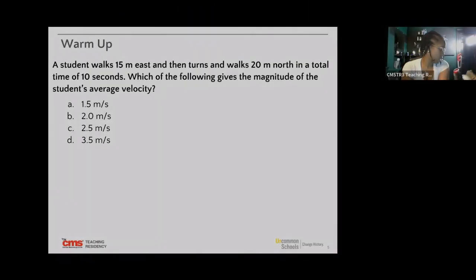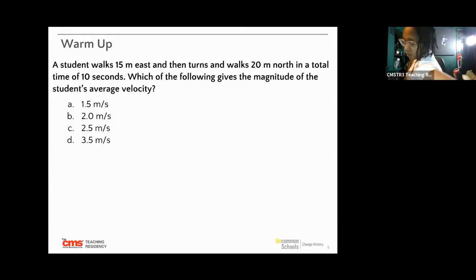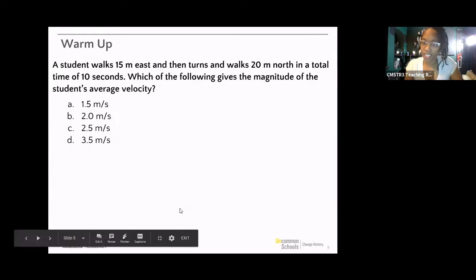Velocity yesterday. So let's see what we remember. I see brains just a moving and people just a thinking.